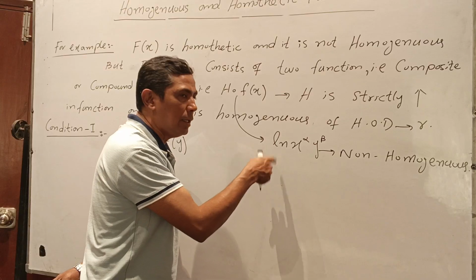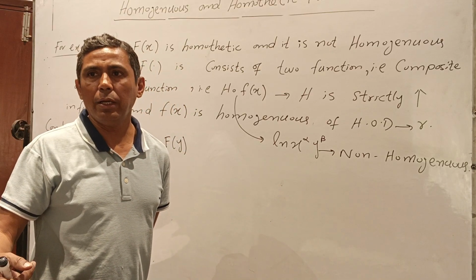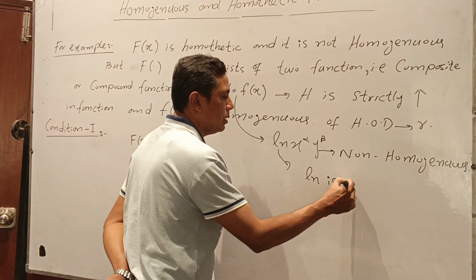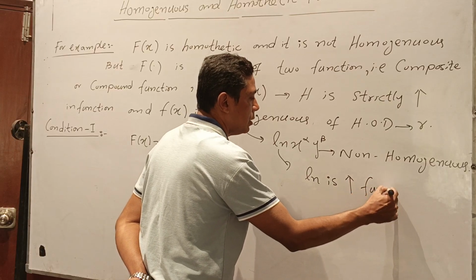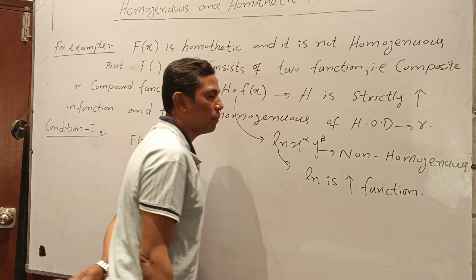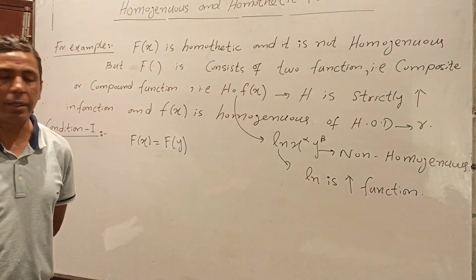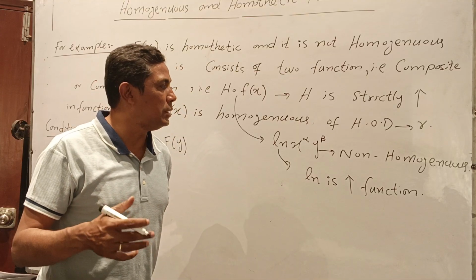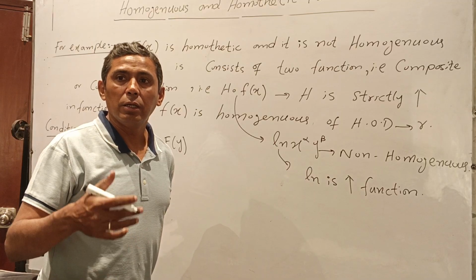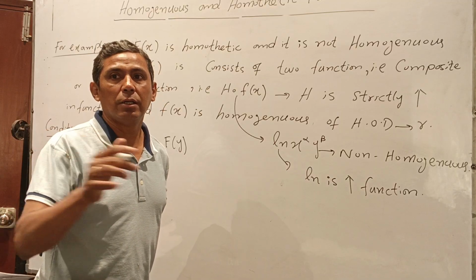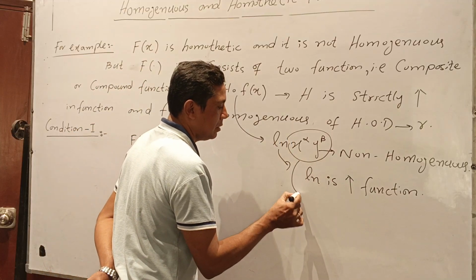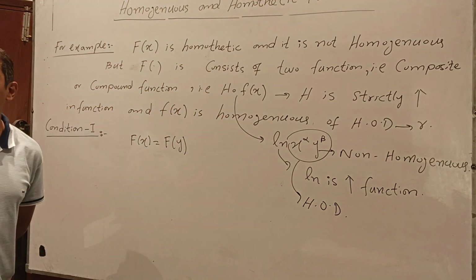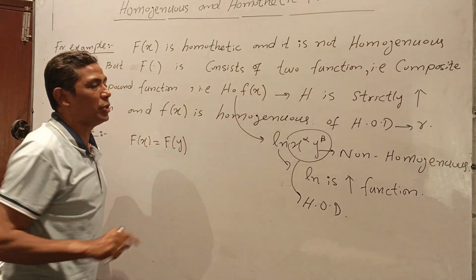Ln is increasing in nature. This ln is an increasing function. Ln is an increasing function of what? Of a HOD function, because this one is HOD. Am I right? It is a homogeneous function. So this statement is clear.